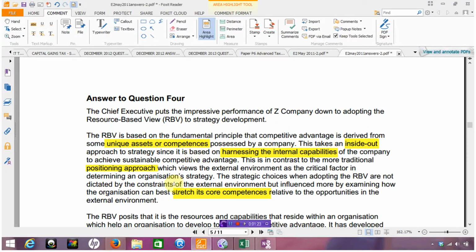So rather than the positioning approach, which is looking for a company to position itself in relation to the external environment and what's happening there, i.e. the outside-in approach, the RB view is all about stretching its core competences. Try and use that word, stretching its core competences.